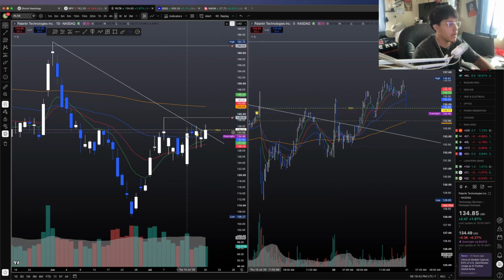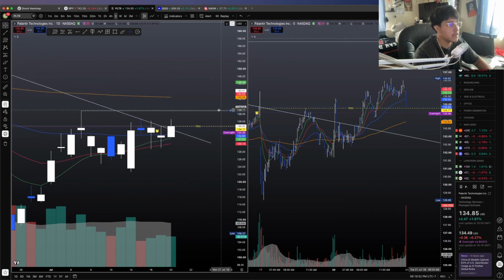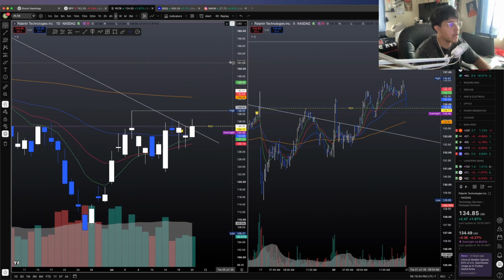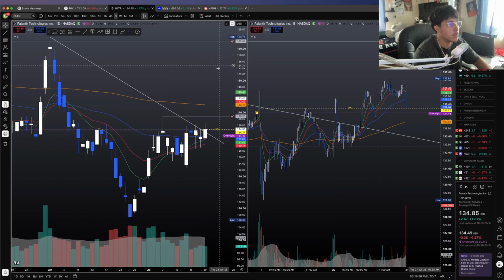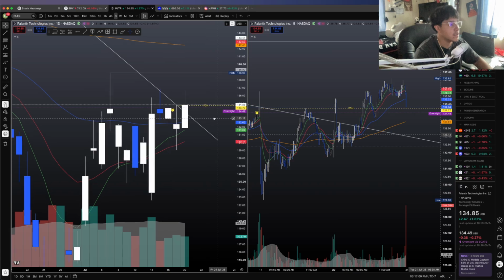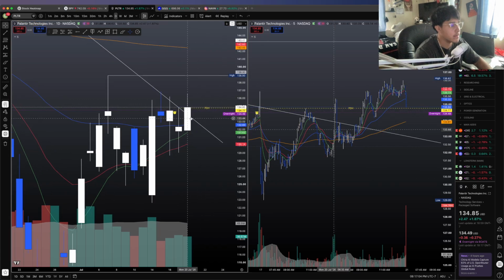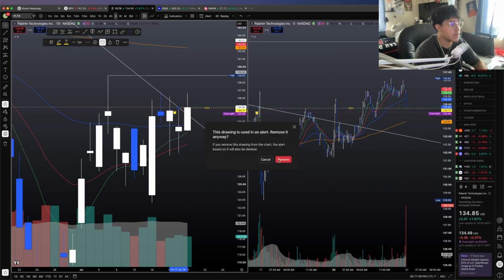Zooming in a little closer, we have this base that we're forming, and the idea is to break out of it and catch the breakout, targeting 138, 139, all the way to 162, and obviously all-time highs, right? But as you can see today, we just ended up putting in a wick and then coming back down. So let me walk you through how I took this trade and why.